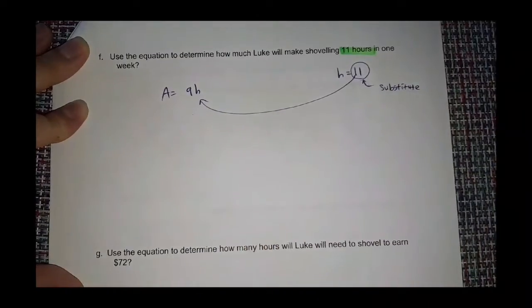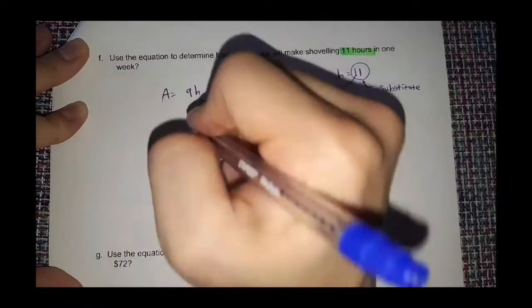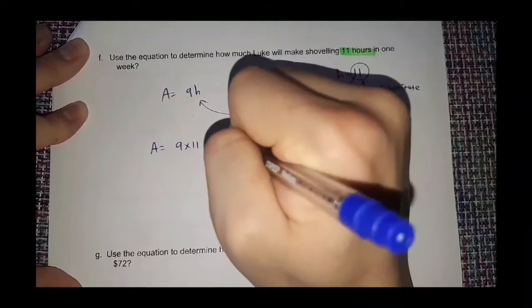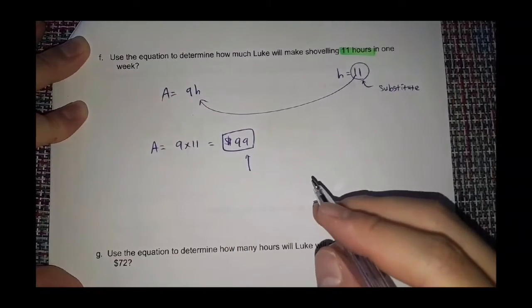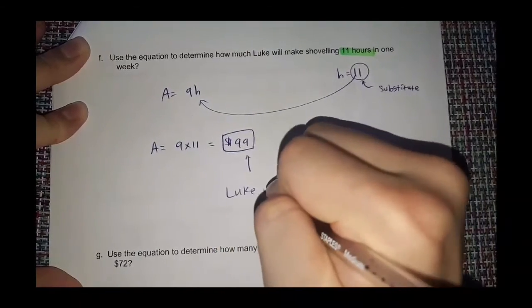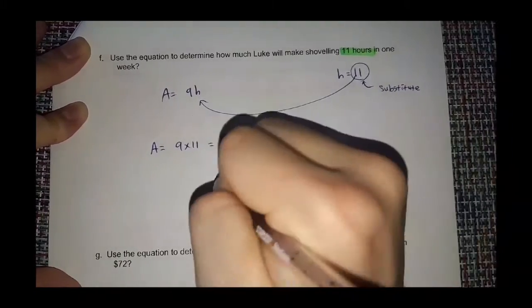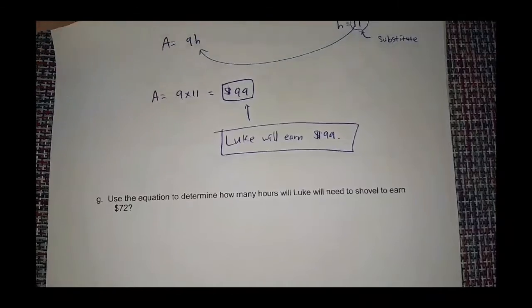So if I substitute those in, a is equal to 9h was 9 times h, so 9 times 11 is what I have. So $99 is what Luke will earn. Once you make that happen, it is important to write down in a sentence, Luke will earn $99. Something like that.